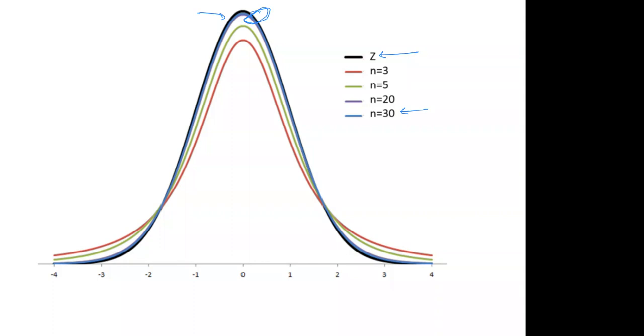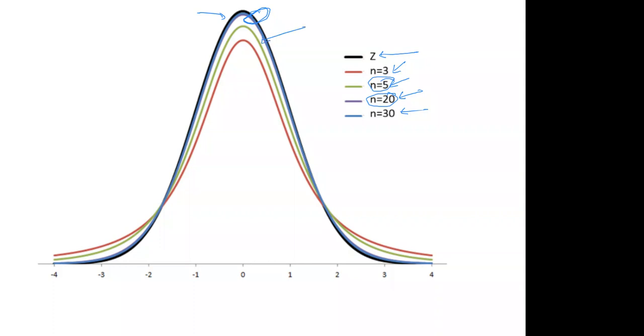However, if you go down on the sample size, t distribution starts to deviate from the standard normal distribution. Even for n equal to 20, it kind of looks like the standard normal distribution. When n is 5, you can see the distinction, this green one, n is 5.